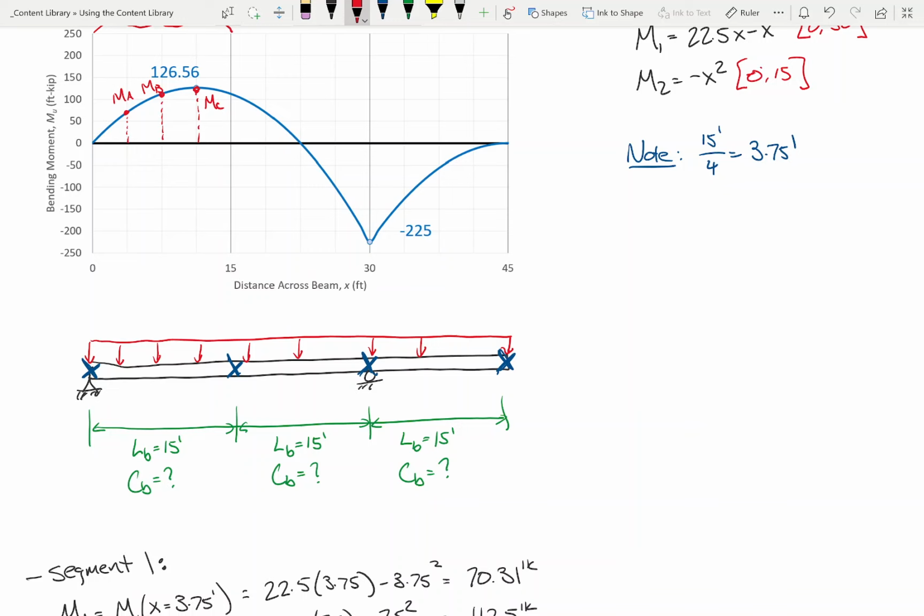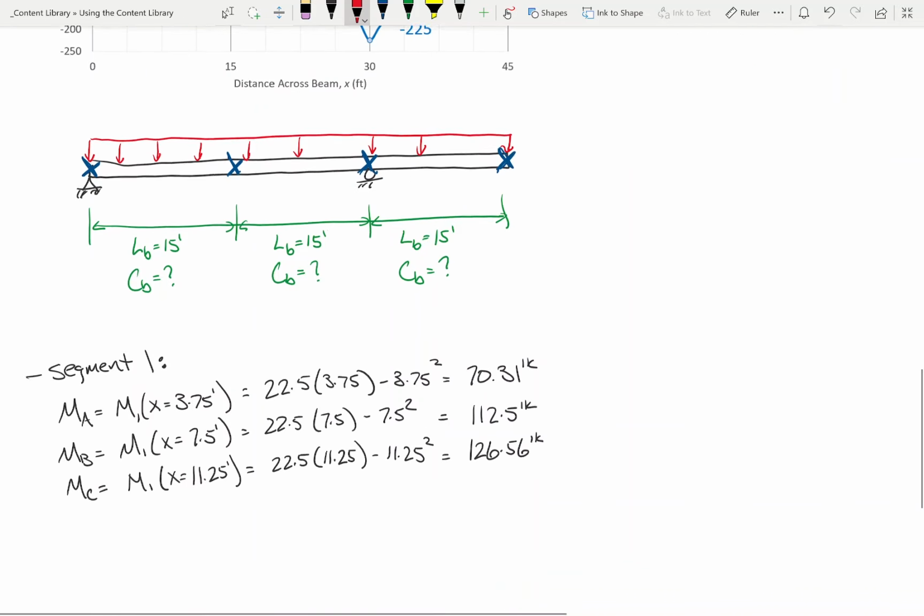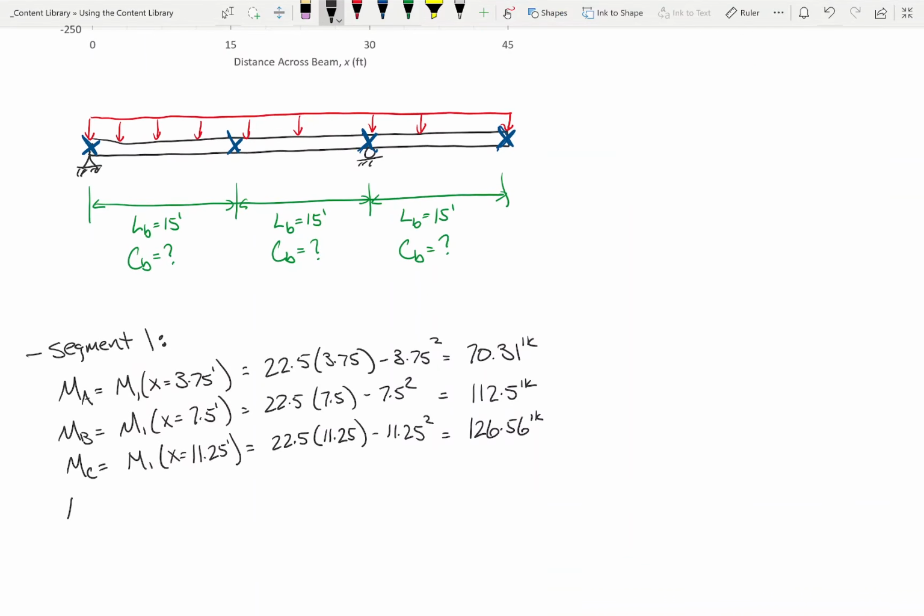Now, the next thing we got to figure out is within segment 1, what is the biggest moment within segment 1? MC. So it just happens to be MC. That's very possible. So what we'll say is M max equals MC, which is 126.56. So if that's the case, once you get these 4 moments, CB is very plug and chug.